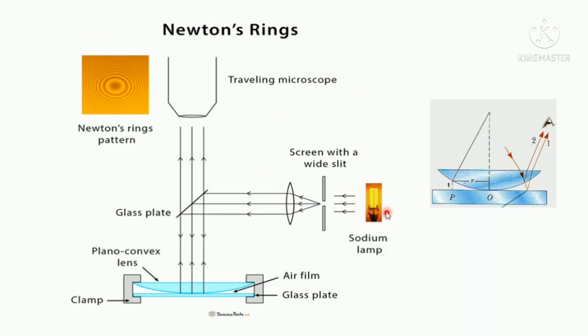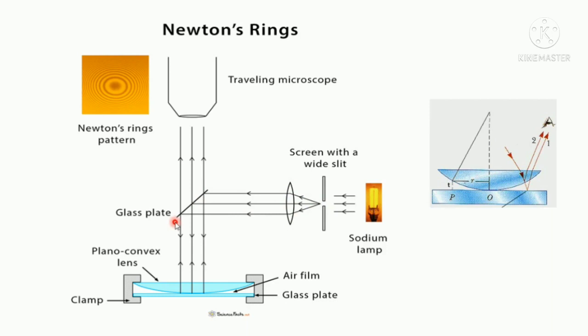This is the setup of the Newton's ring. This is a sodium lamp, the monochromatic source, and by a slit the light is coming out. To ensure that a parallel beam is falling on this glass plate, we place a lens.